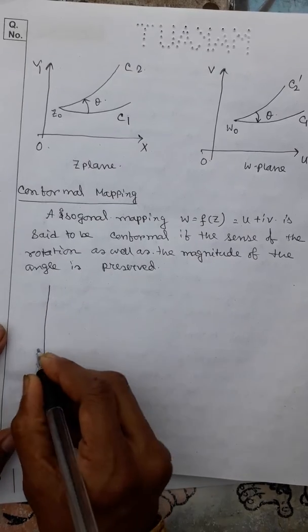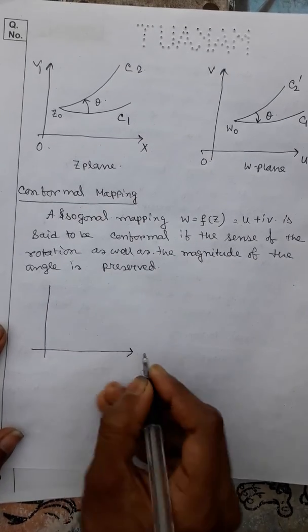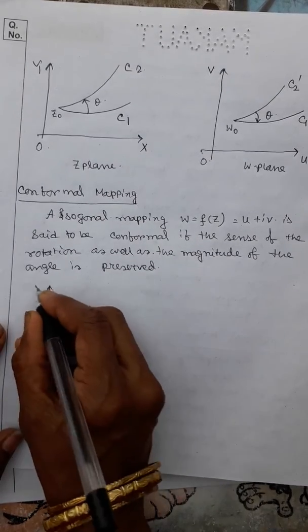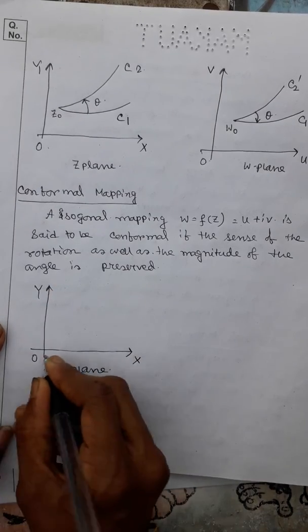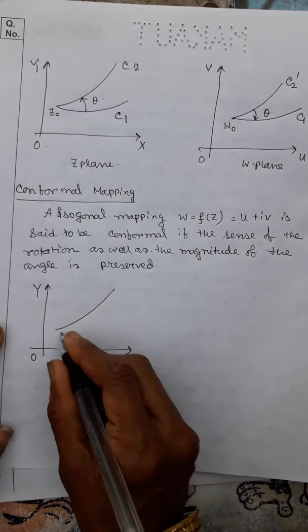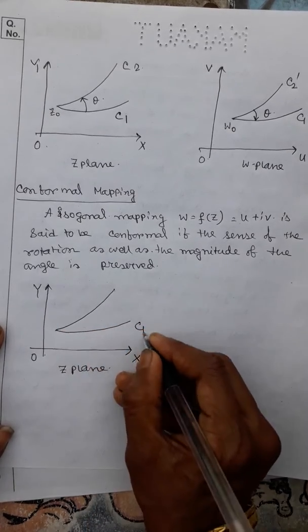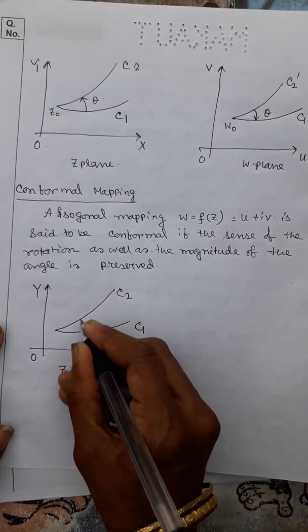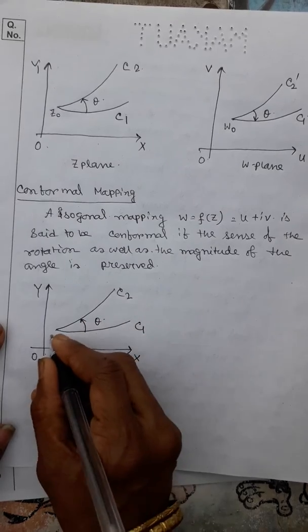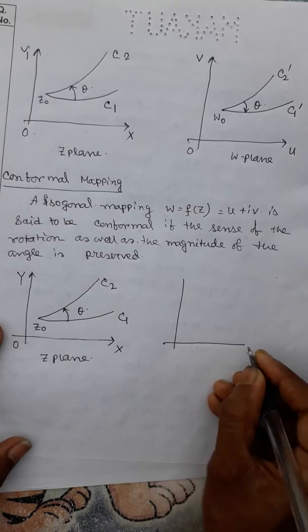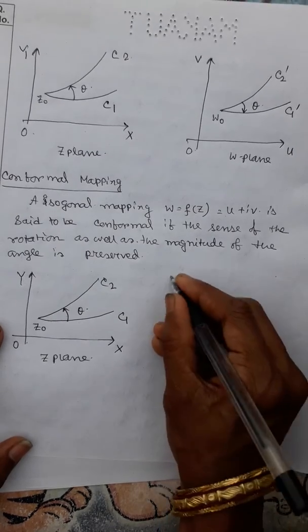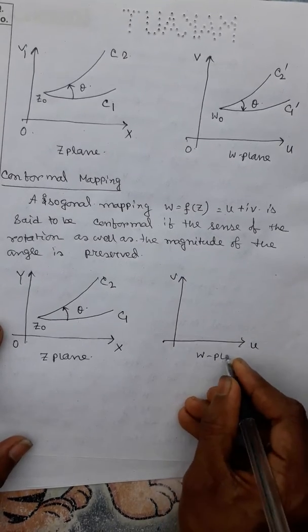So in this figure, say it is z plane, C1 and C2 making the angle theta at z0, and the uv plane or w plane.